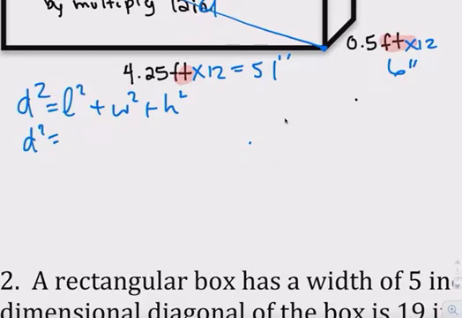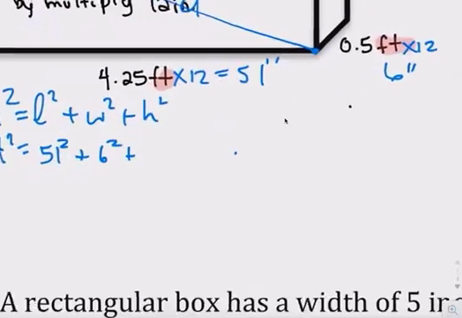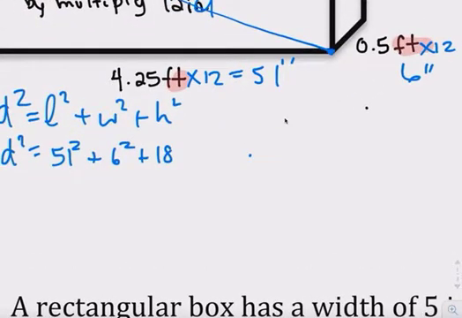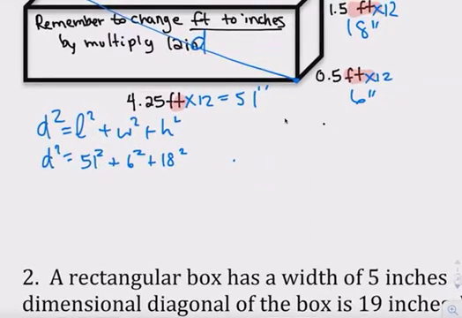So it's 51 squared plus width squared, 6 inches squared, plus 18 squared, okay? Put it in your calculator: 51 squared plus 6 squared plus 18 squared should give you an answer equal to D squared.